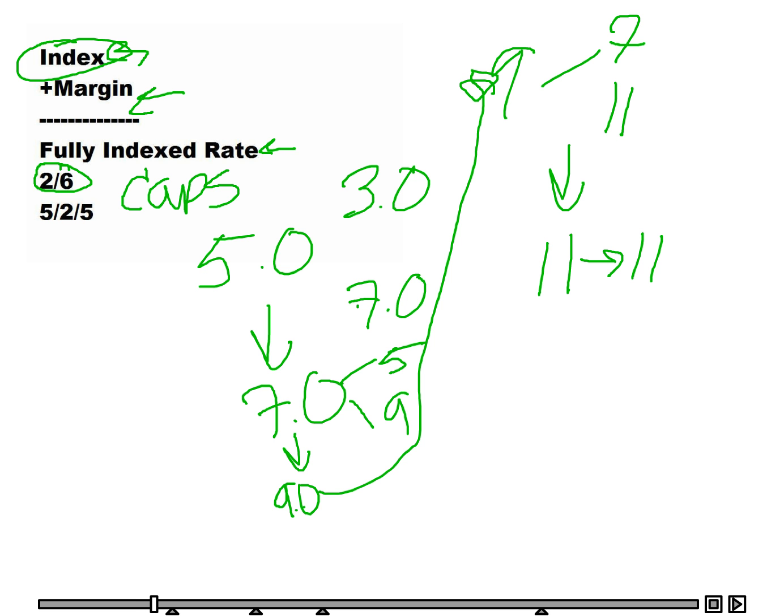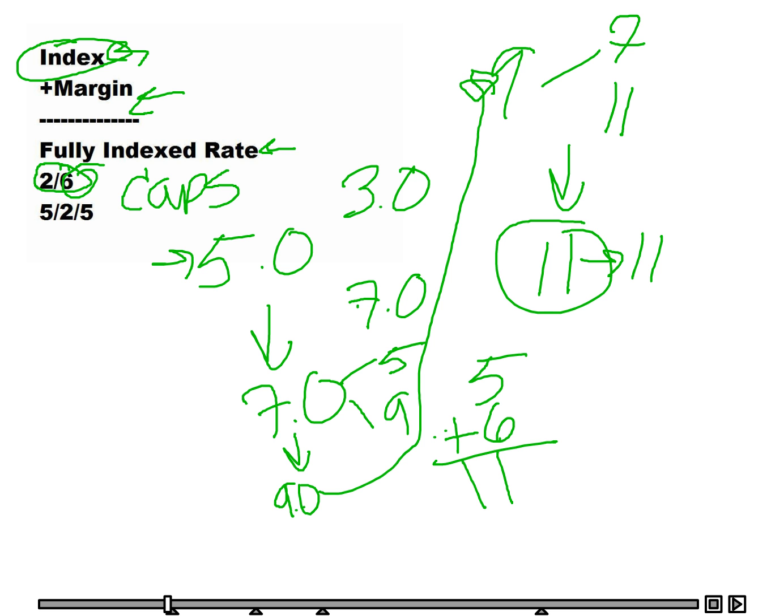The reason for that is it has a 6% lifetime cap. We started at 5%, so because we started at 5%, we add our 6% lifetime cap. The maximum this rate can ever adjust to is 11%. So we are already at our lifetime max for this. So the loan could go down to 9, but it may not go above 11 because of the lifetime cap of 6%.